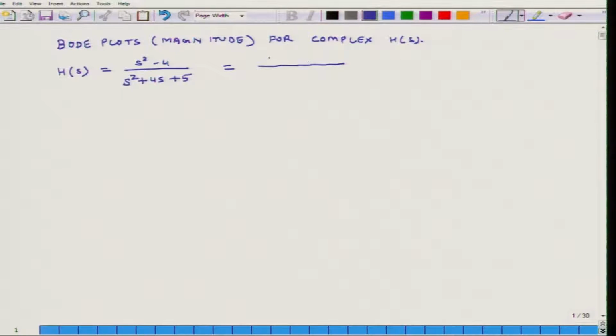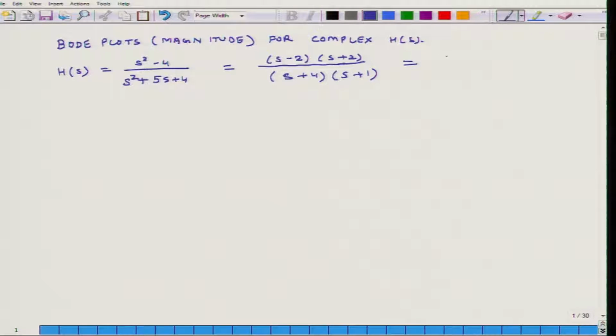The numerator can be factored as s minus 2 and s plus 2, and the denominator, let me change this, will be s square plus 5s plus 4, which I can factorize in terms of its linear factors as s plus 4 and s plus 1.